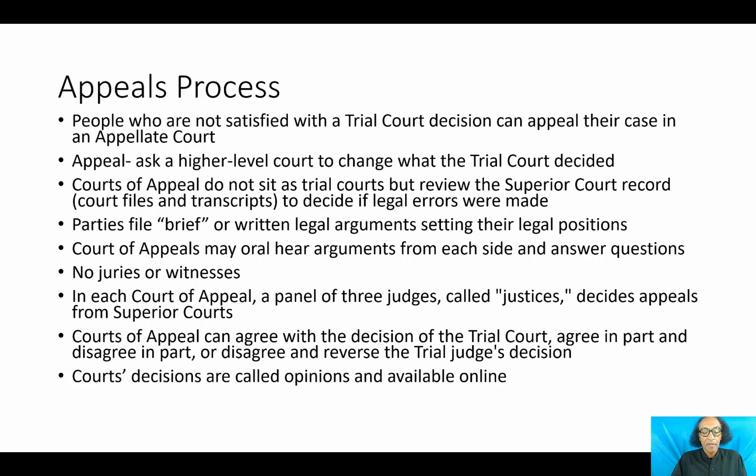So if they allege that some legal error occurred, then they will identify that issue and then provide a citation to the record, to the transcripts, showing how the judge ruled or what evidence was inappropriately admitted or whatever it may be. They make their statements in this document called a brief. And both parties will submit a brief.